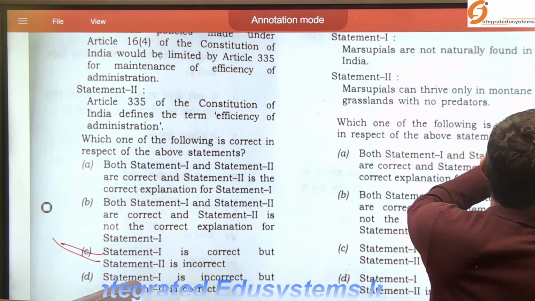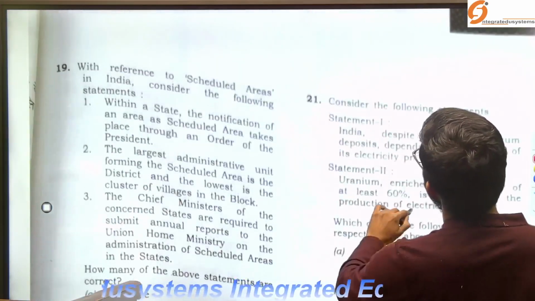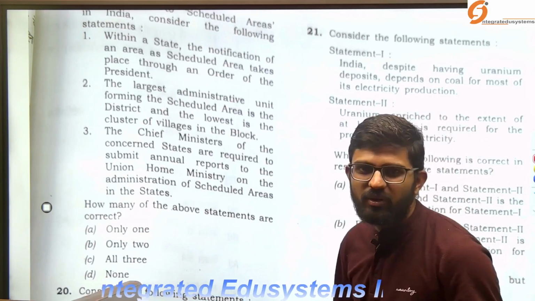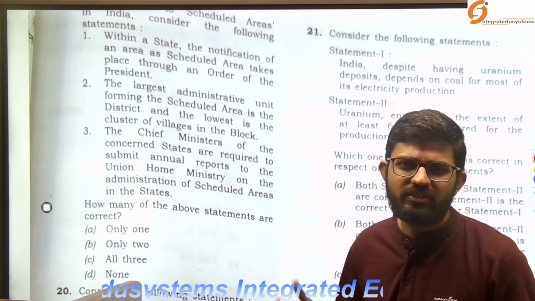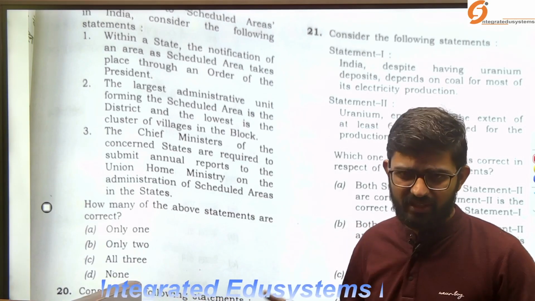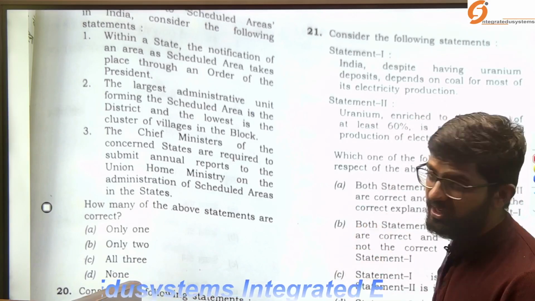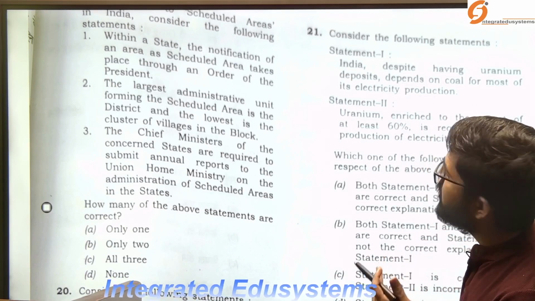So next question. See, this is one of the general things that when we studied the environment or the science, we study about energy distribution, and with respect to nuclear energy, that is a part of the syllabus that we read. So here, those who have read the general thing will understand this. Consider the following statements.